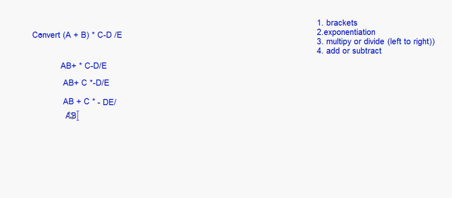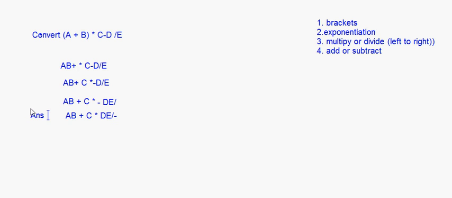So now you write AB plus C into DE divided by and then minus. This should be the answer: AB plus C into DE divided by minus. Understood?